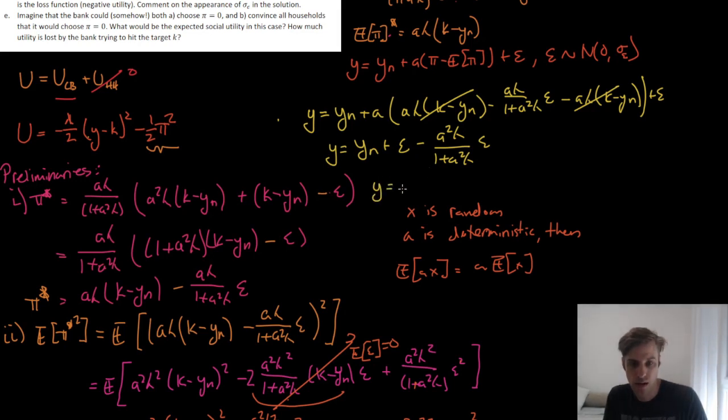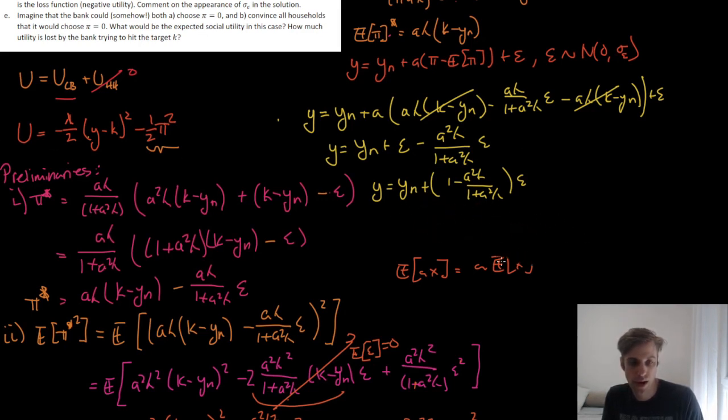So we'll get y equals yn plus 1 minus a squared lambda over 1 plus a squared lambda epsilon. And you see we can do the rewrite 1 thing.